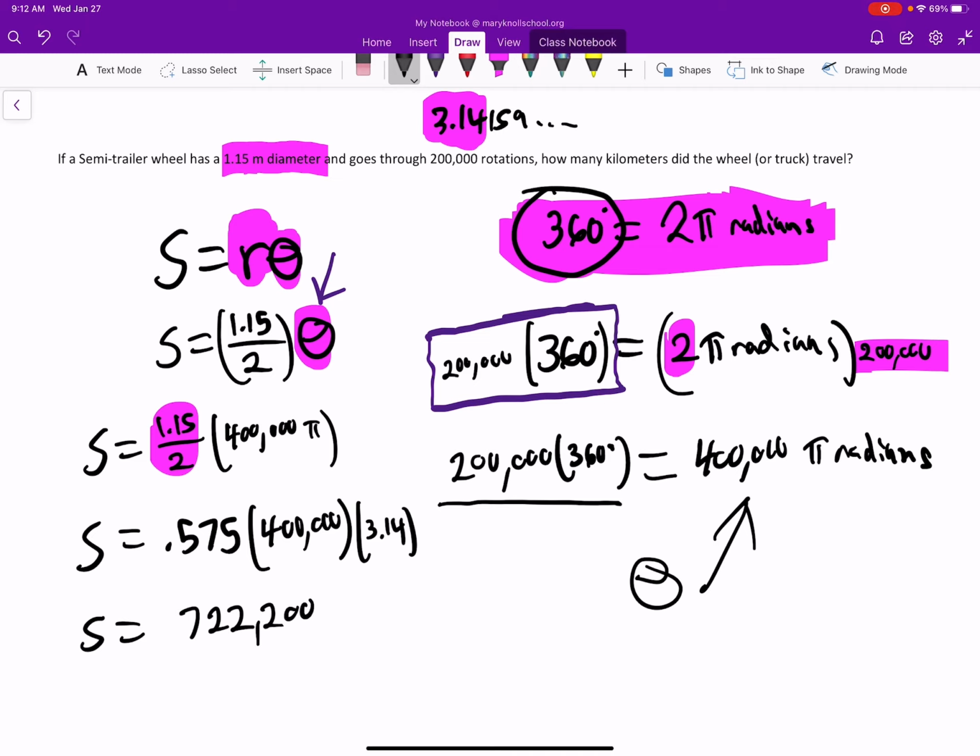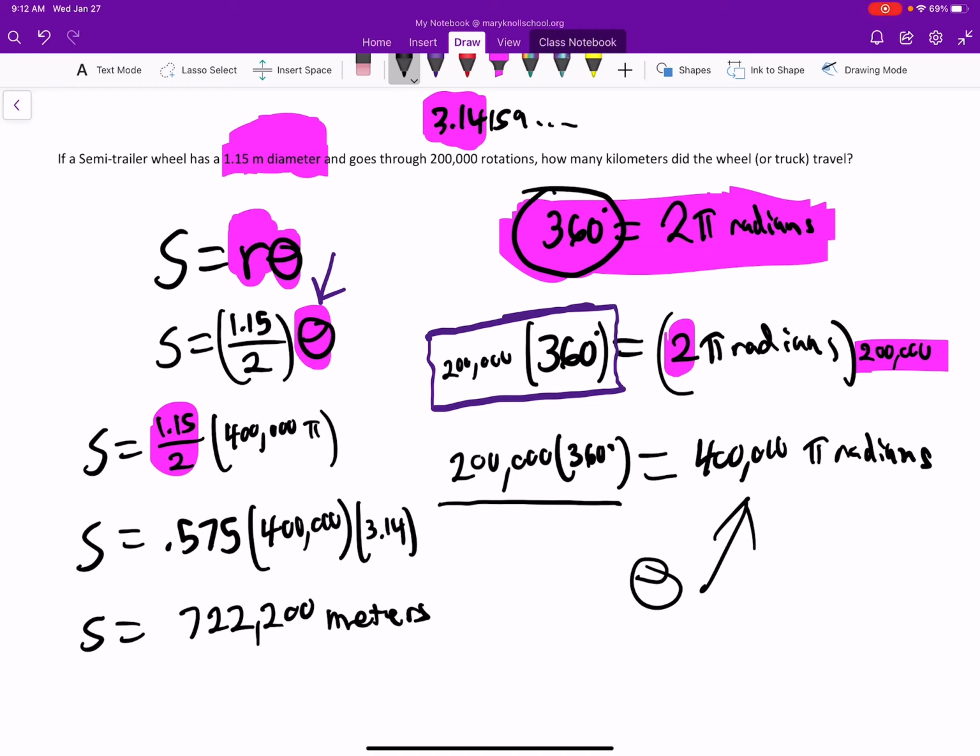722,200. Now all of these were in SI units. We used meters, right? Look, right here we used meters. And we also used radians, so we're all in standard units. So we can go ahead and add the standard unit here to the end: meters. So now we have to see if we answered the question. Did we answer the question?